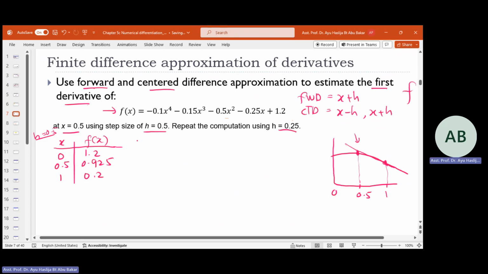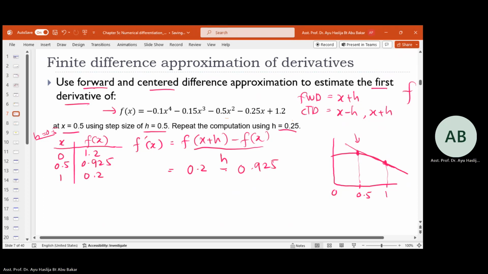Okay, forward, we need one step. So fx plus h minus fx over h. Equation of the slope. So it will involve 0.2 minus 0.925 over h, which is 0.5.